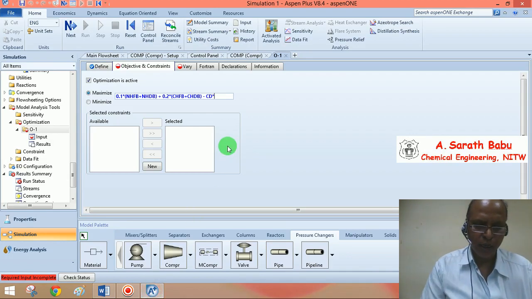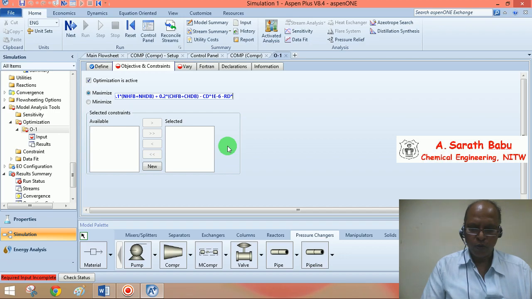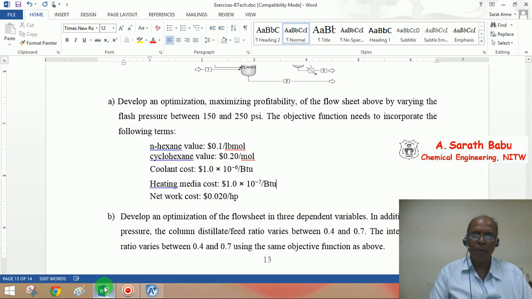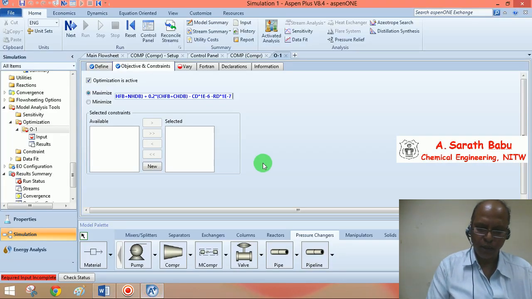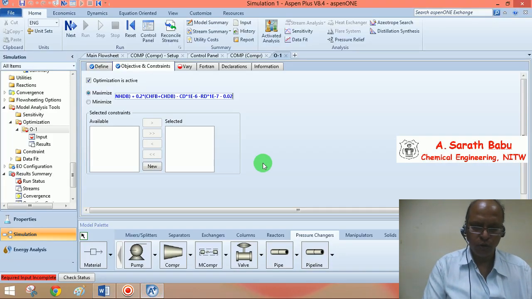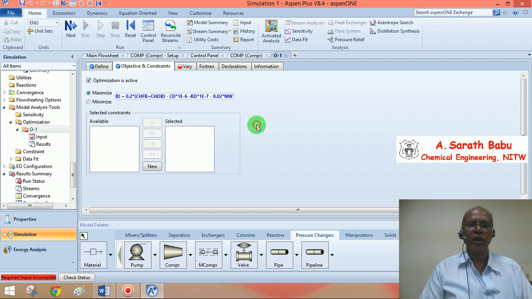You will have to check up the consistency of your unit system. Minus reboiler duty star 1 e power minus 7, I suppose. Yeah, 1 into 10 power minus 7, $0.02 per HP, minus 0.02 star network. So this is the total revenue that you are going to get.